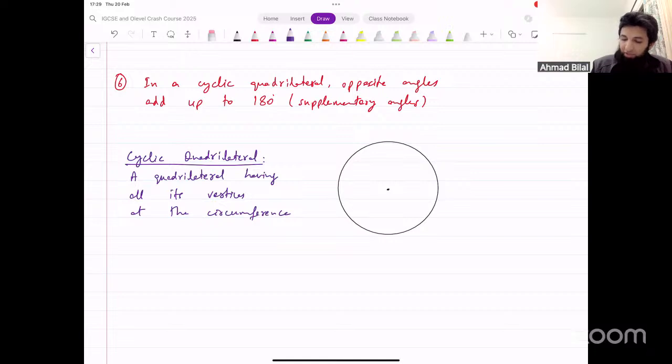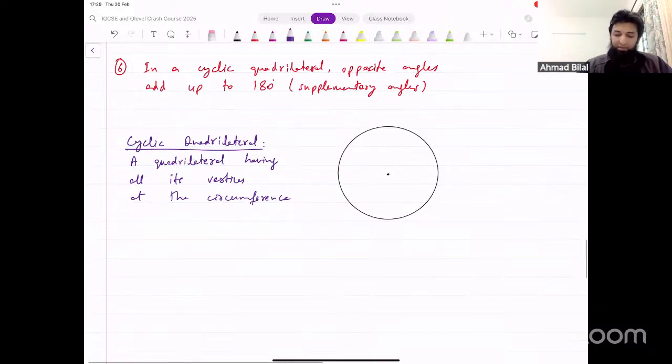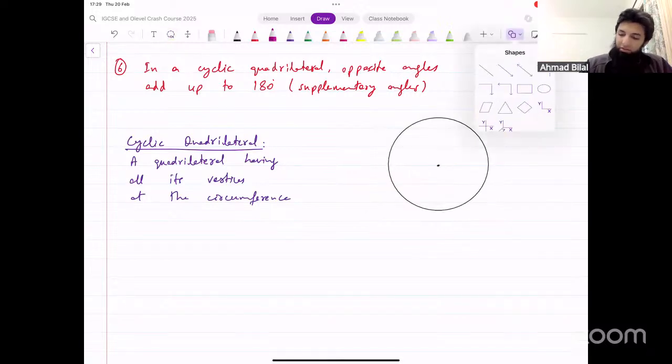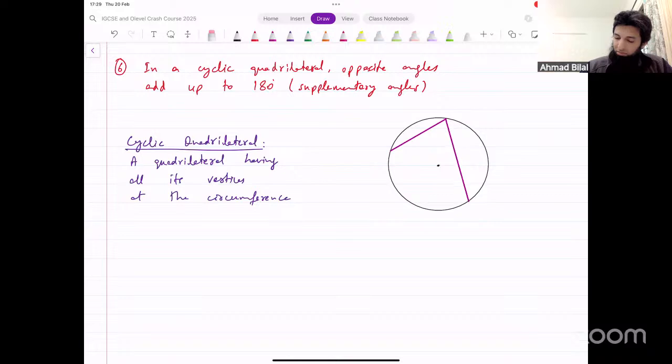Now, what does that mean? Let's take an example of this. Let's say we have the circle, and on the circle, we have a quadrilateral that looks like this: 1, 2, 3, 4. We have 4 sides. It's a cyclic quadrilateral. All of these vertices are on the circumference.